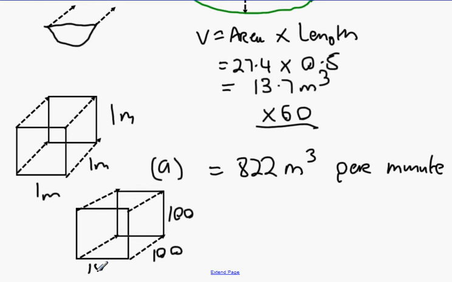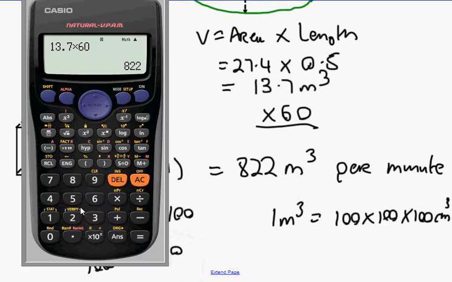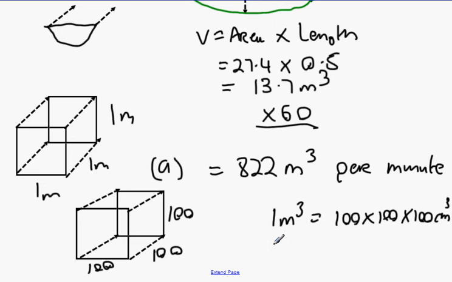So 1 meter cubed equals 100 multiplied by 100 multiplied by 100 centimeters cubed. What's 100 by 100 by 100? It's 100 to the power of 3, a million. So 1 meter cubed equals a million centimeters cubed.